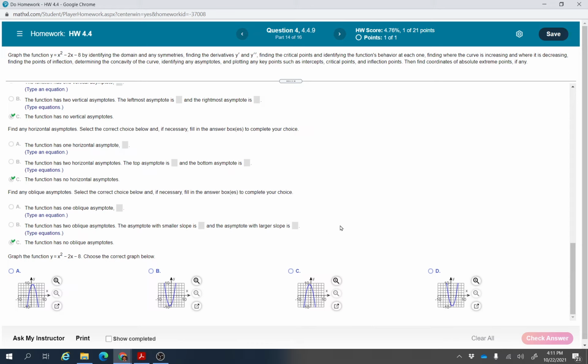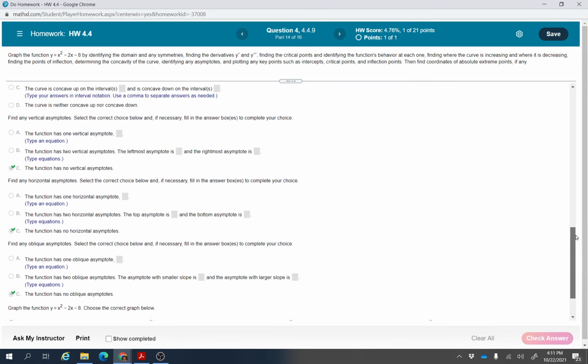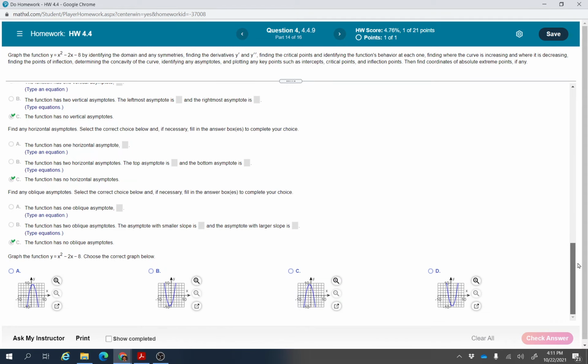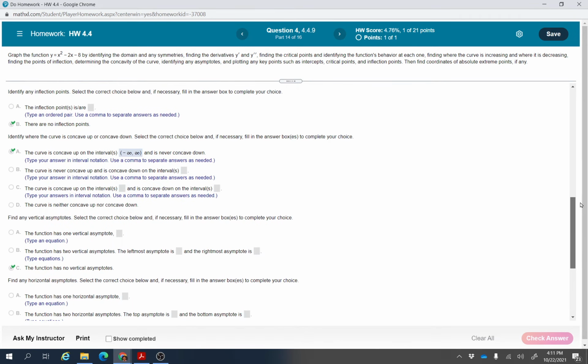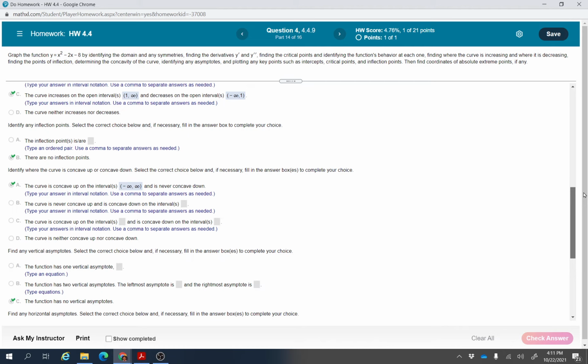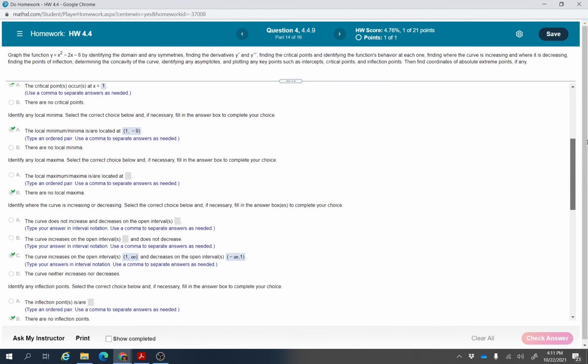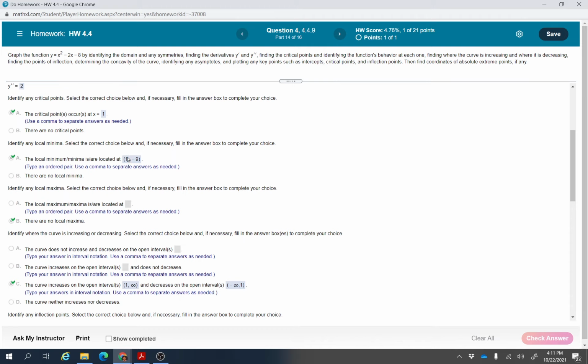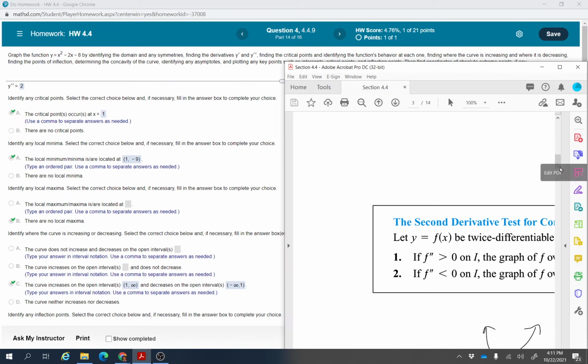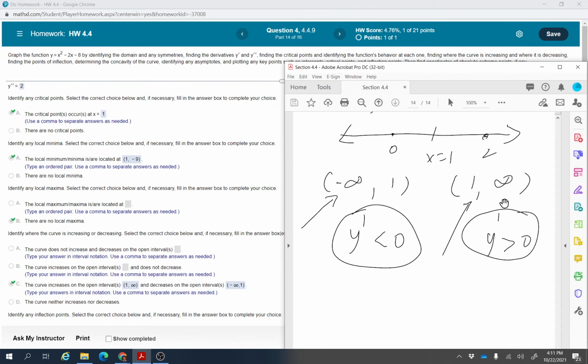So now we have a couple of pieces of information. We know the curve is concave up everywhere. We know there is a critical point at x equal to 1. We know the curve has a local minimum value at (1, -9). So we already know so much information.